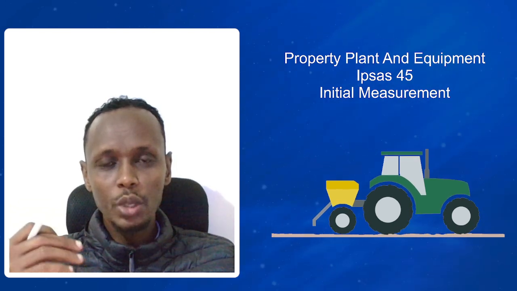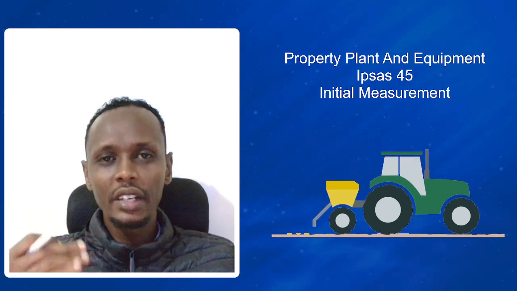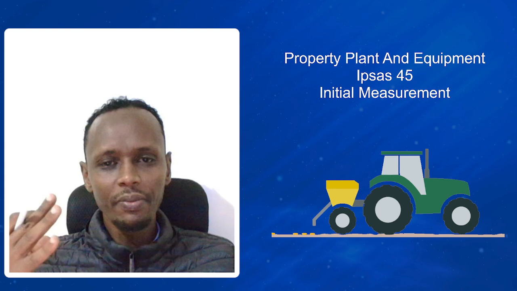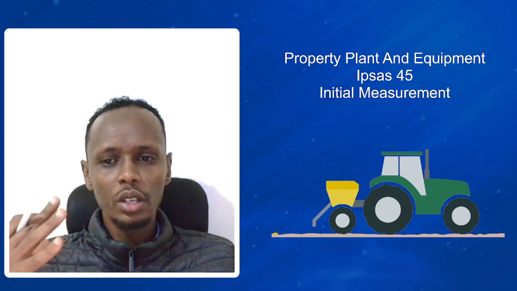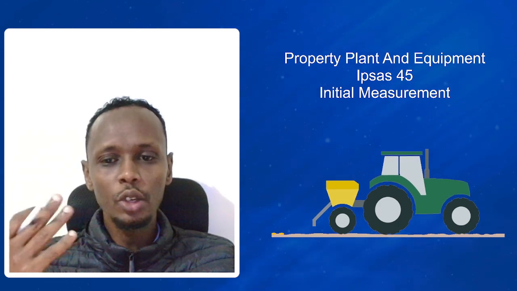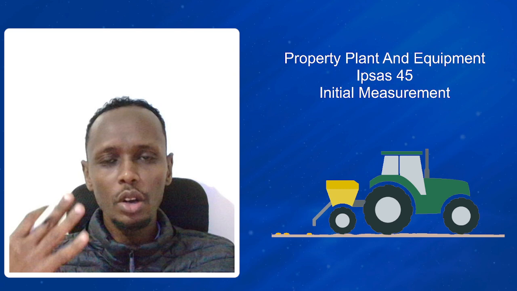There are some items which do not form directly attributable cost. If you incur costs when the machine is already capable of operating, then those are not directly attributable costs.